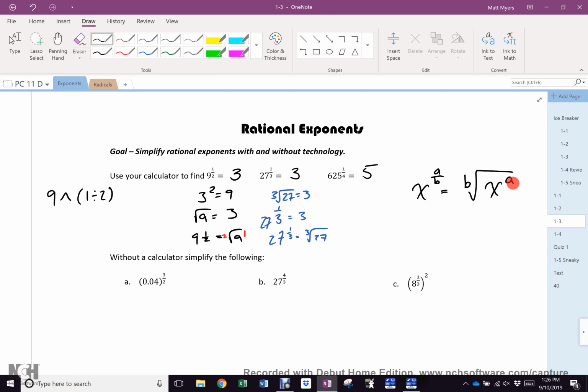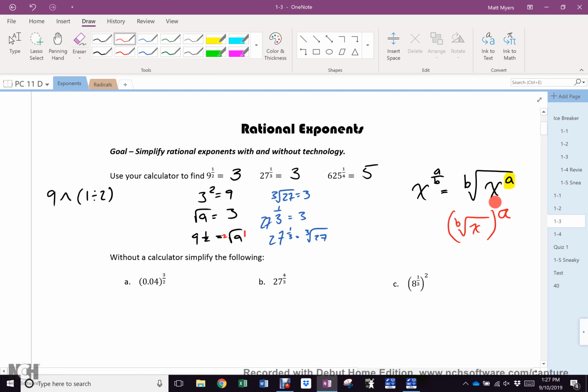Now, here is something that sometimes gets forgotten depending on your grade 10 teacher. This exponent, the numerator, can go in 2 spots. It can go right down here with the radicand, or this can be written with the a out here, the whole thing to that power.